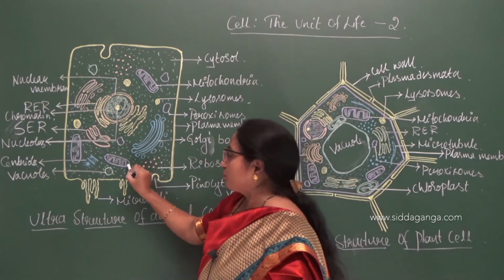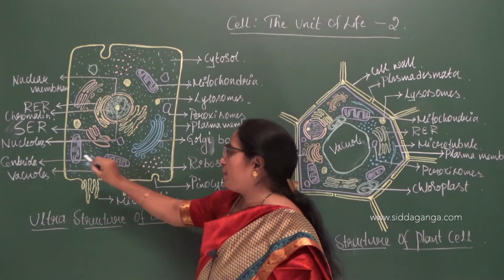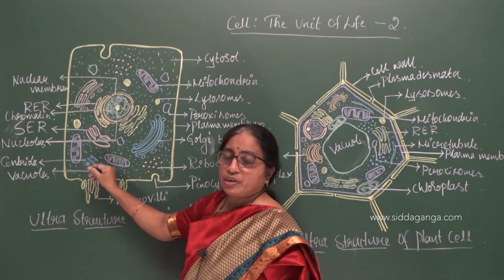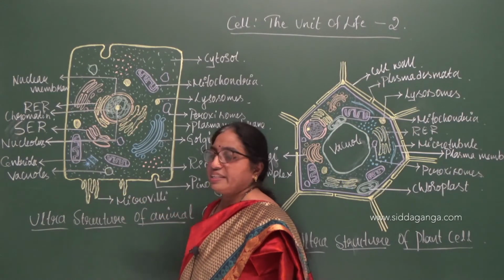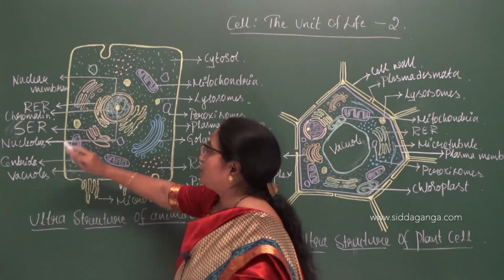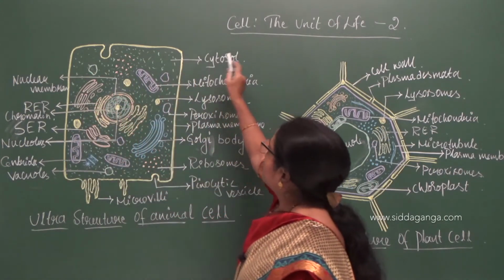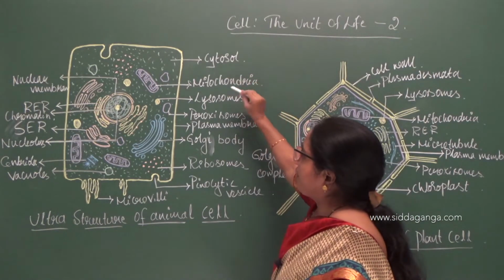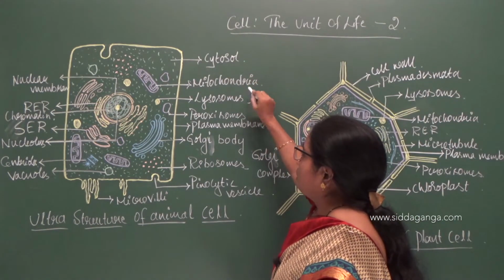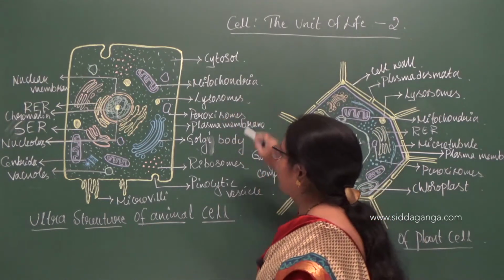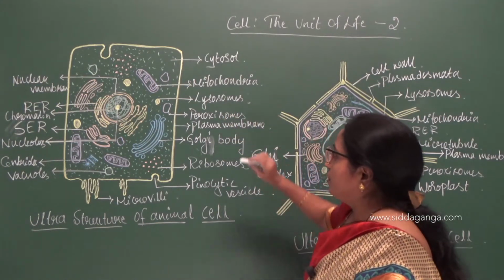There are mitochondria, the double membranous structures. There are centrioles, which are unique to the animal cells and absent in the plant cells, and these are tiny vacuoles. And you can see the cytosol is nothing but the cytoplasm, the mitochondria, the lysosomes, then peroxisomes.